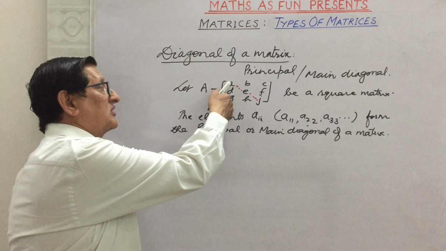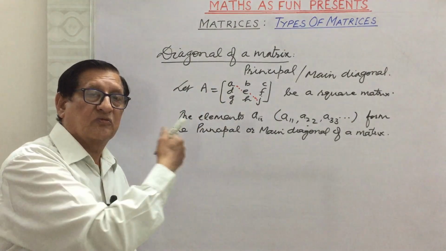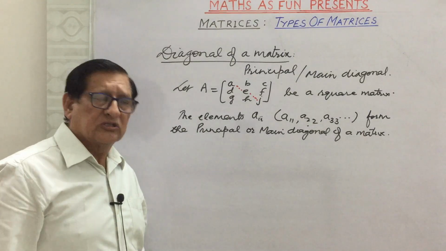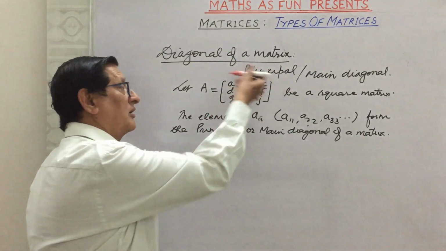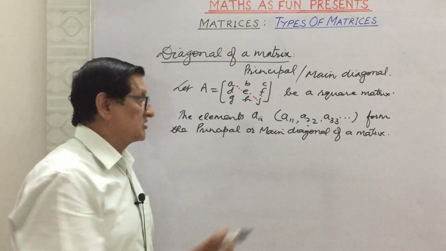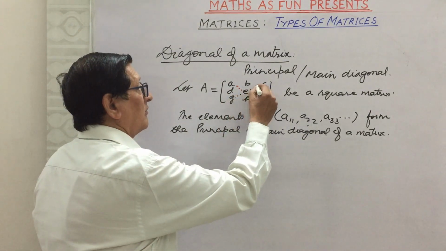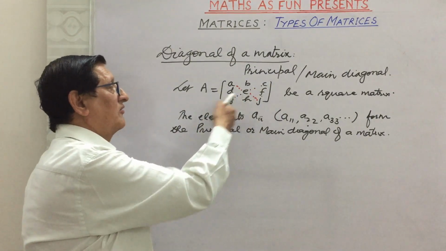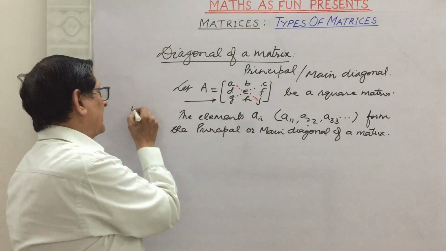So starting with the first element, the diagonal which is formed is known as the main diagonal. Sometimes we also call the second diagonal is also there. This is one of the diagonal. But since it is not the main diagonal, we call it the off diagonal.